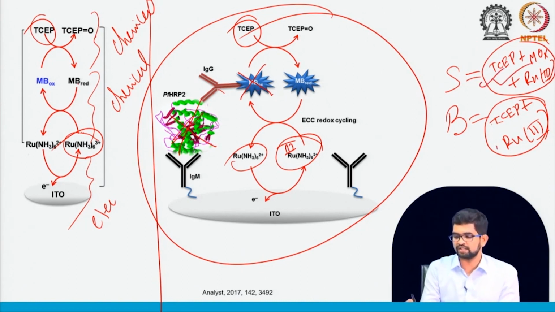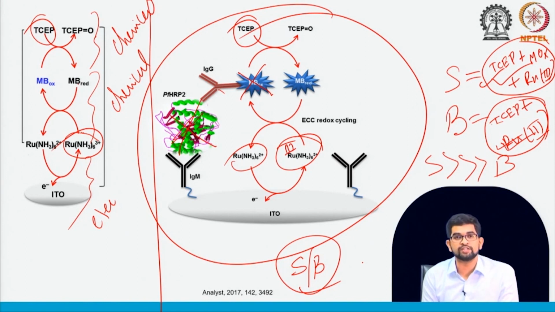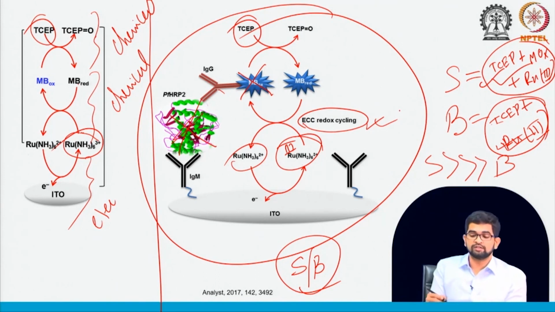They should react fast, but not very fast. Then the signal will be very, very high compared to the background, and your signal to background ratio will be very high. So, again I am saying, this is a non-enzymatic biosensor we developed using redox cycling. This redox cycling, the ECC redox cycling I mentioned here, has a nomenclature that I will come to now. So, how can we give a name to these reactions?